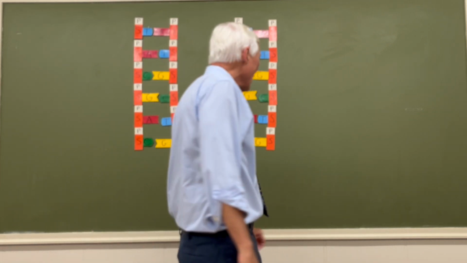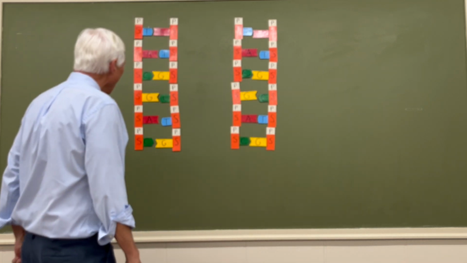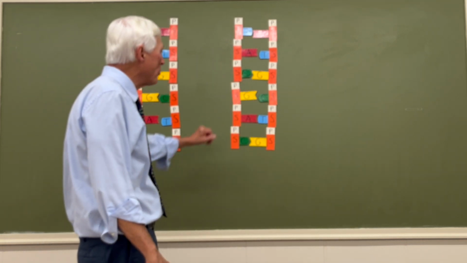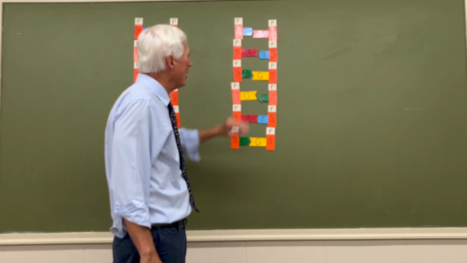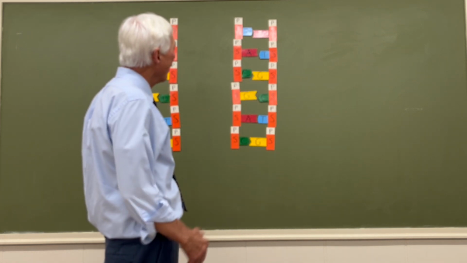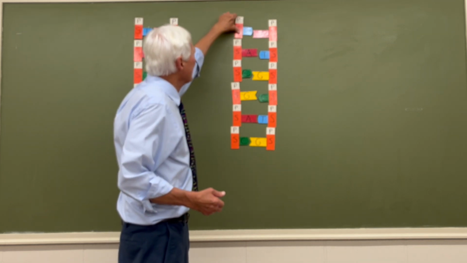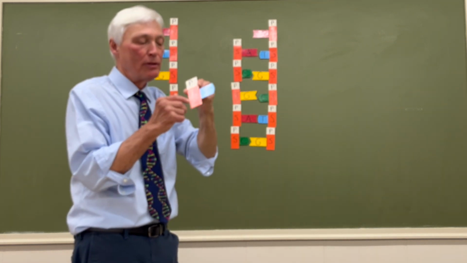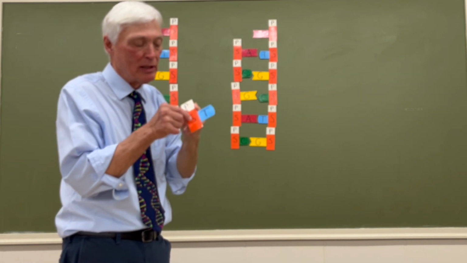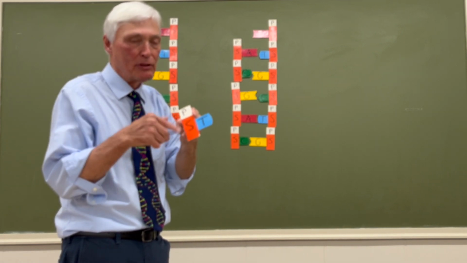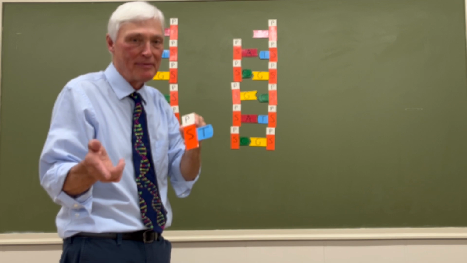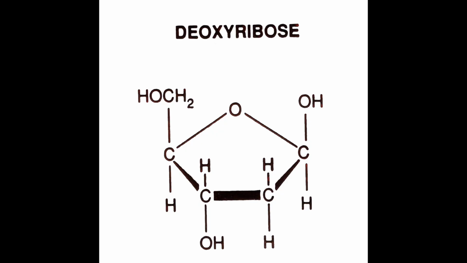Now, I want us to, again, gain even more appreciation for the complexity of this molecule. Take a look at the sugar molecule, deoxyribose. It doesn't really look like this. If you look at this next picture, this is a little bit better picture of what that sugar molecule, deoxyribose, looks like.